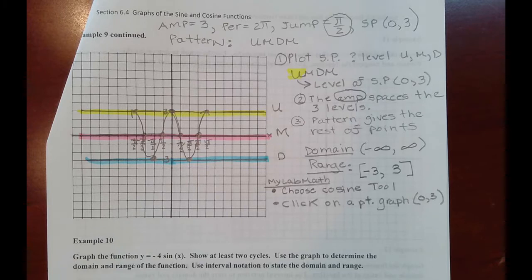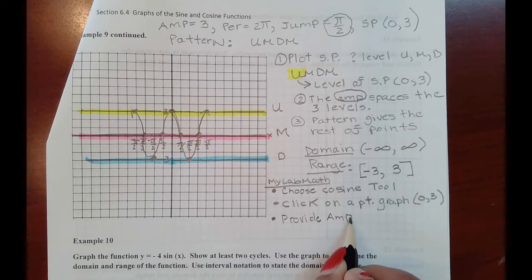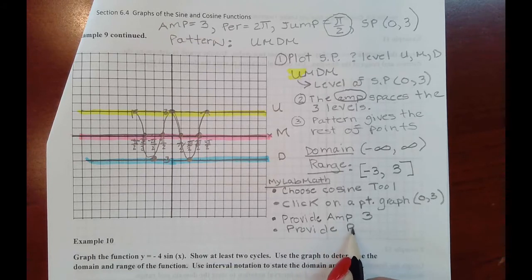You'll see the numbers you're clicking on. Then the next thing that it's going to ask you is to provide the amp. And the amp here was 3. It's also on that same line going to ask you to provide the period. And the period in this case was 2 pi.